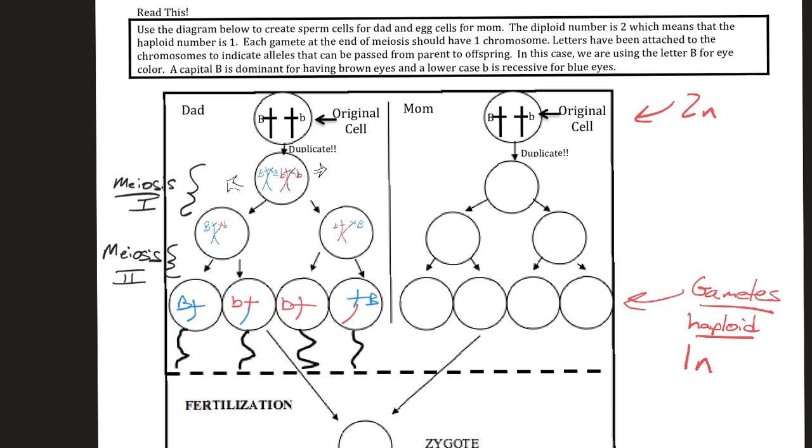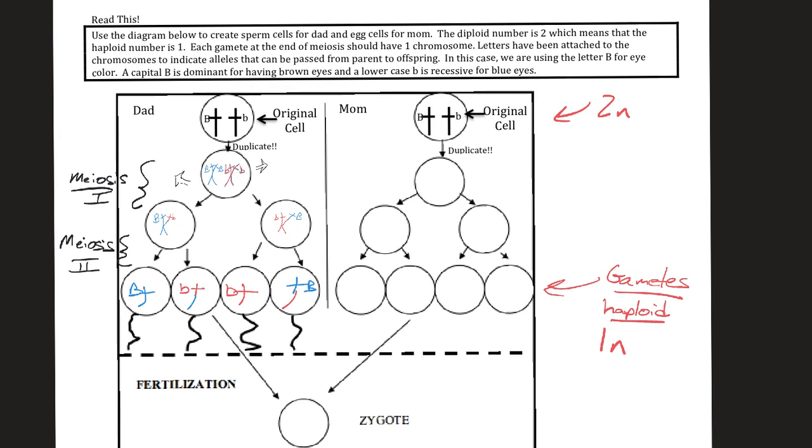So you still end up with 4 different gametes, but because we're only dealing with one gene, there are only two types of sperm here. Do you see that? These two have the recessive gene, and these two have the dominant gene, right? Now, if we had 2 genes and we had crossing over, then there'd be 4 different gametes, with 2 different combinations of genes.